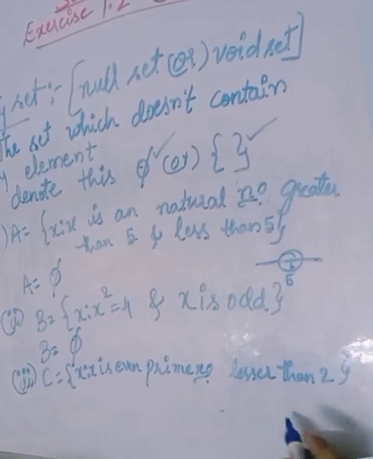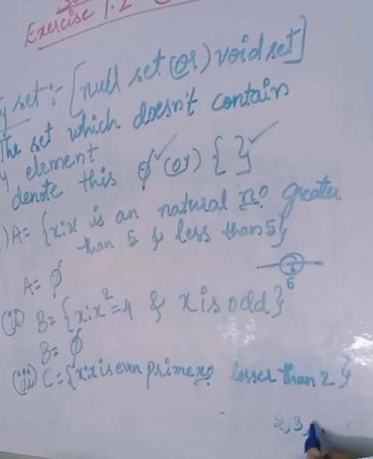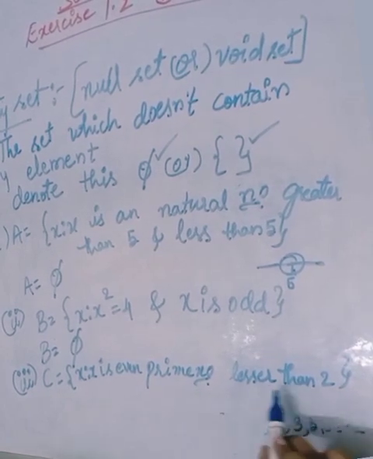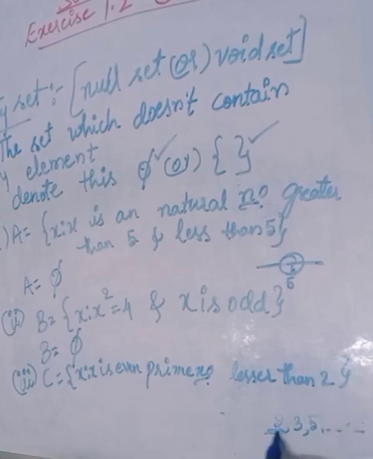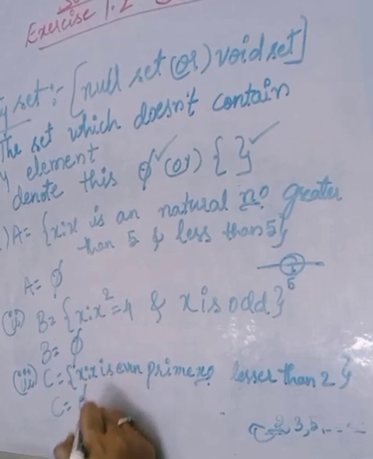So we know the prime numbers start from 2, 3, 5, etc. They start from 2, and they are telling less than 2. This is 2. Less than this, nothing will come. So therefore we can say C is equal to phi.